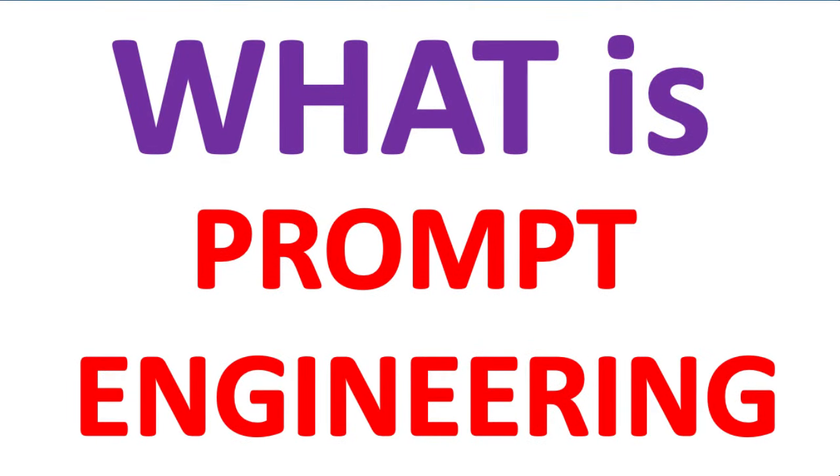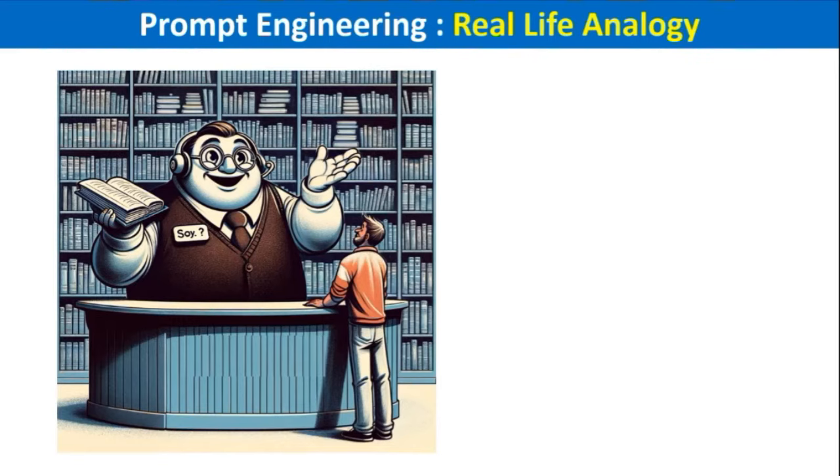Think about a librarian in a library. This librarian is highly knowledgeable as far as this library is concerned. Like, he is aware of the books available in this library. He is aware about the current bestsellers around the globe. He's also aware about all-time favorite books on various topics.